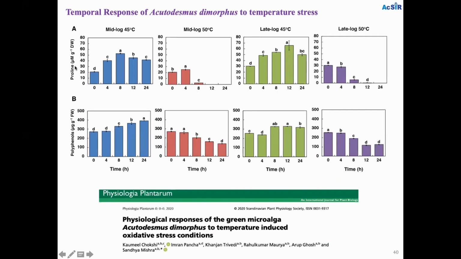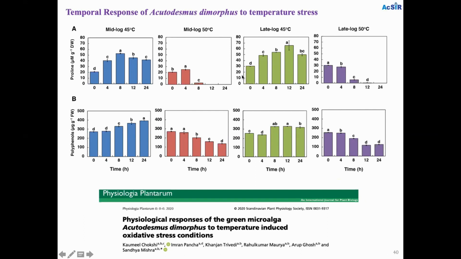For the purpose of example, I have shown the accumulation of proline and polyphenols in the cell. As you can see, at 45 degrees centigrade, the proline at 24 hours was higher than at 0 hours, whereas at 50 degrees centigrade, the proline content decreased and led to a minimum or maybe none at all.